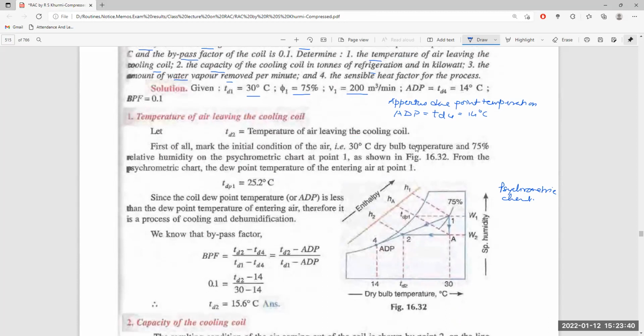We put the point at 30 degrees on the dry bulb temperature line and 75%.